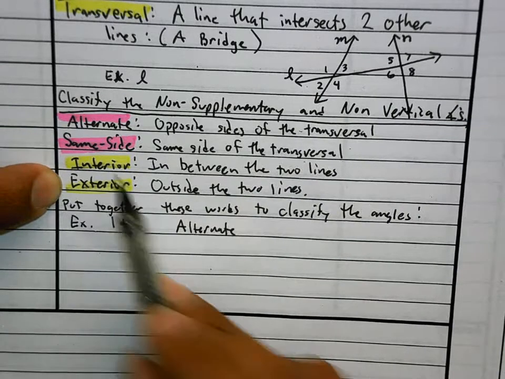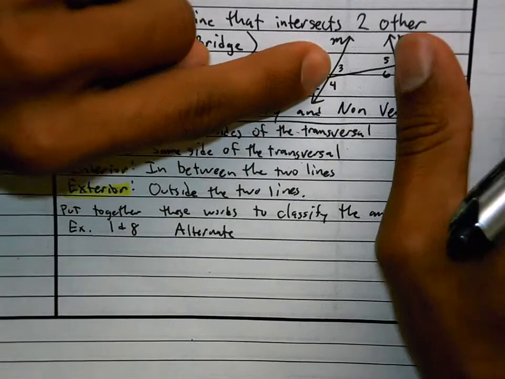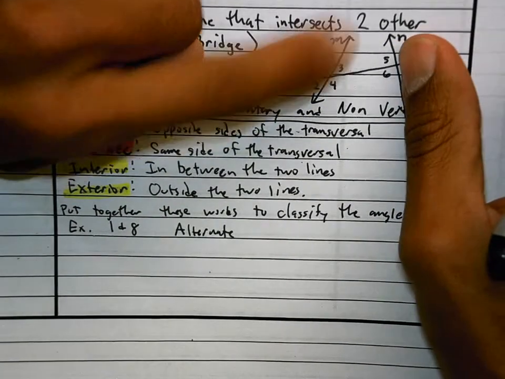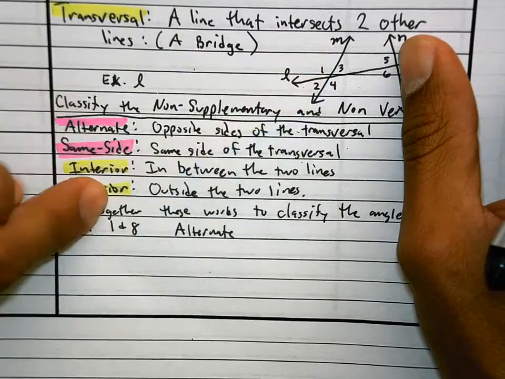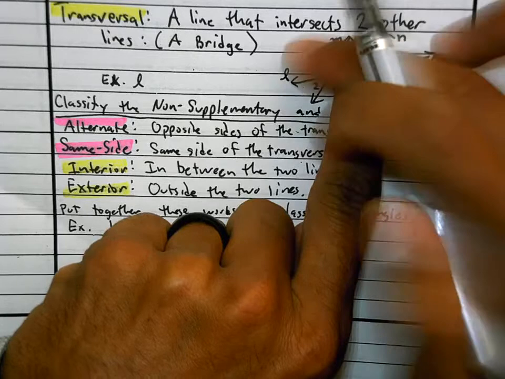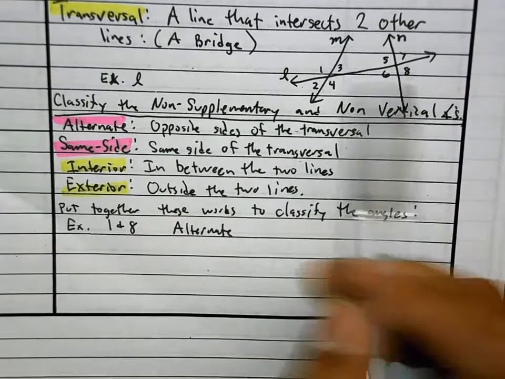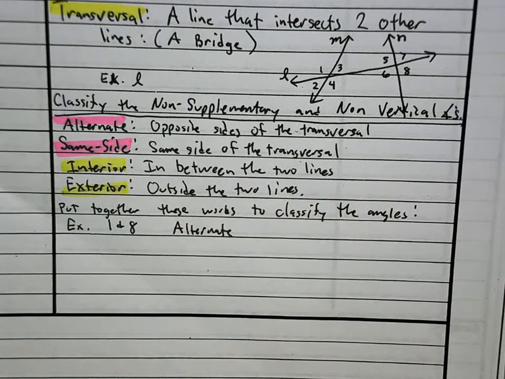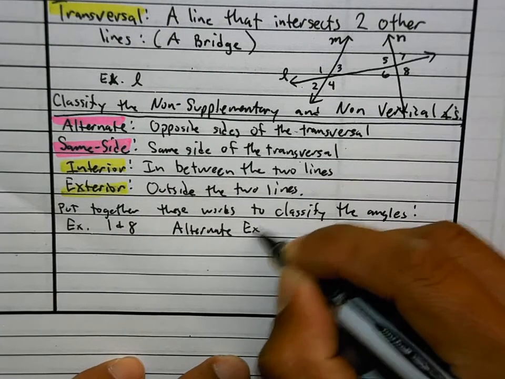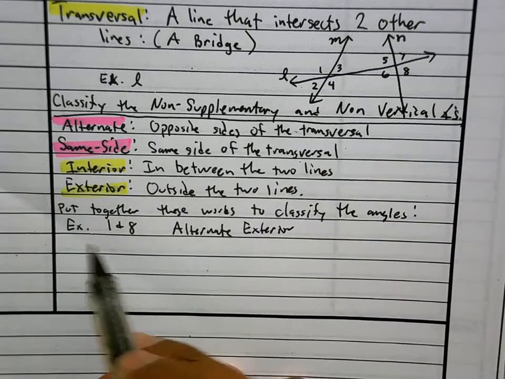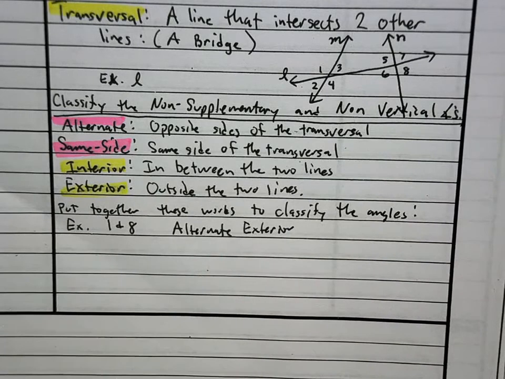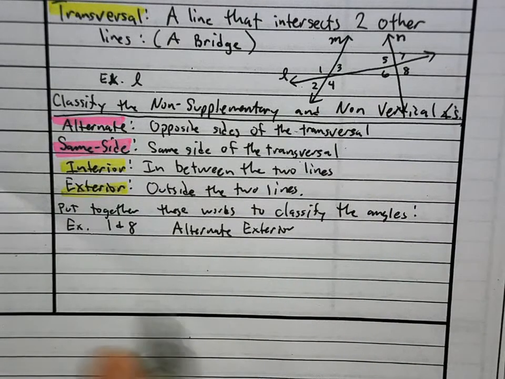Interior means in between the two lines. Exterior means you're on the outside of the two lines. 1 and 8, interior or exterior? Exterior. So this is how you would classify angles 1 and 8. They are called alternate exterior angles. Make sense?